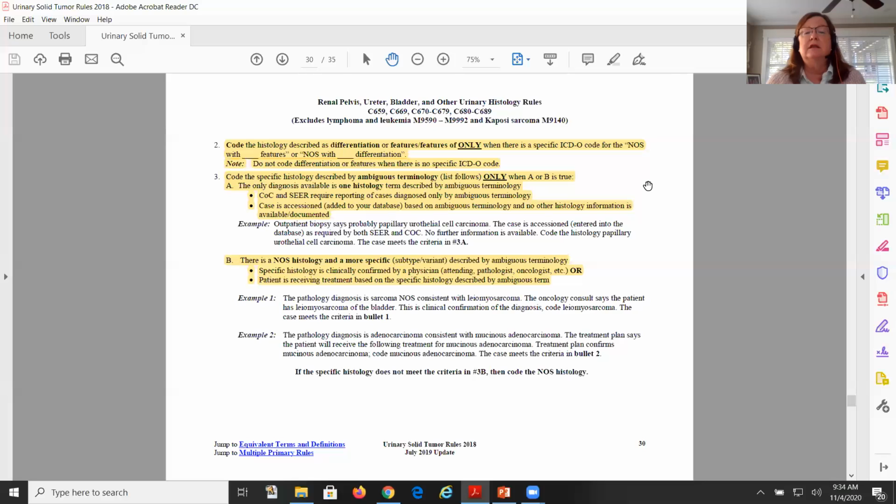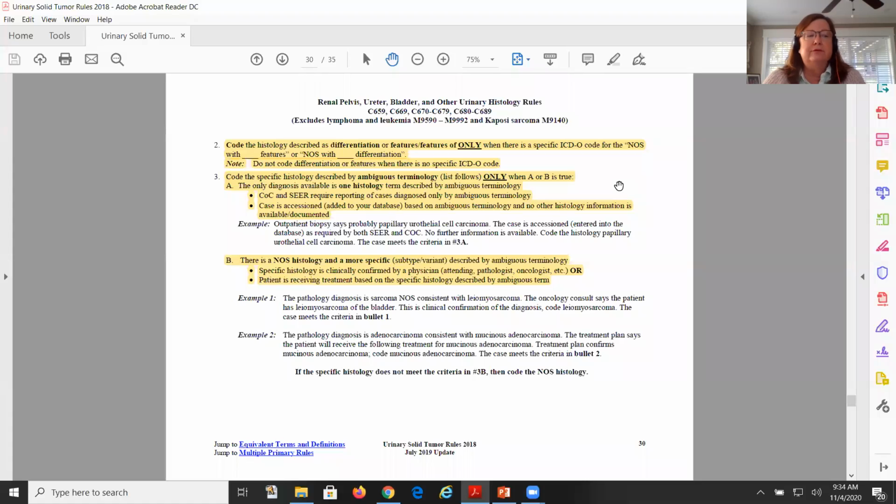A, the histology described by ambiguous terms is the only description that you have that makes the case reportable. The only diagnosis available is one histology term described by ambiguous terminology. For example, if you have a path report and the diagnosis on the path report states suspicious for squamous cell carcinoma, then you're going to code squamous cell carcinoma.